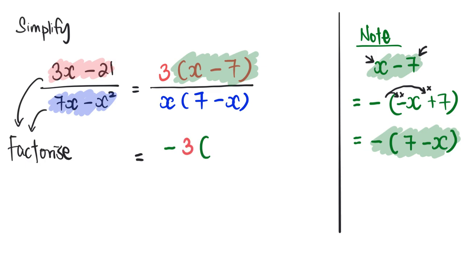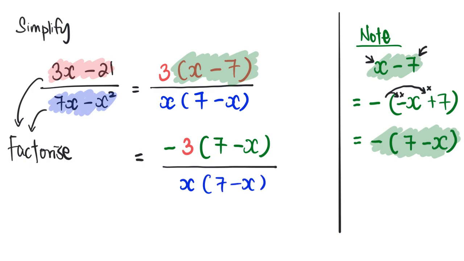But I no longer write x minus 7. I write 7 minus x. And from here, you would then be able to see the common bracket, which you could then divide off to give me 1 and 1. And so the final answer, negative 3 over x.